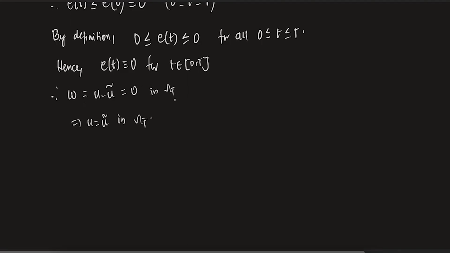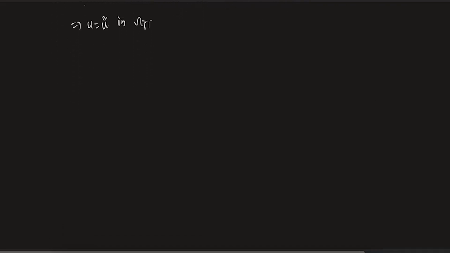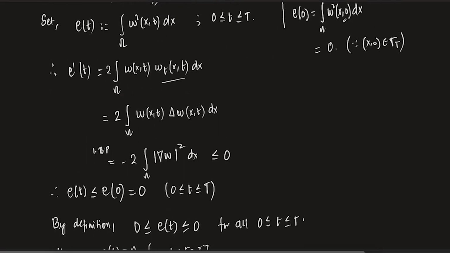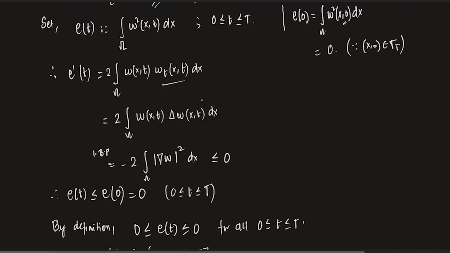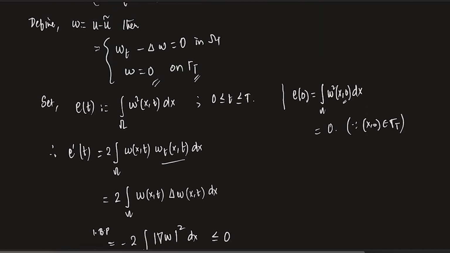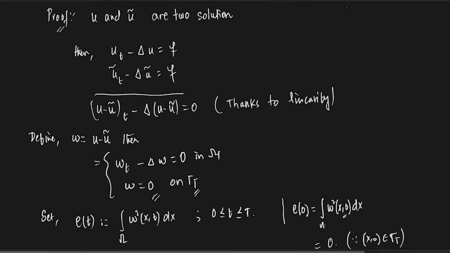So there is a uniqueness here. Now, it is a time dependent variant. Essentially I am just taking one fixed time and doing all of this and showing uniqueness. So basically what did we prove?